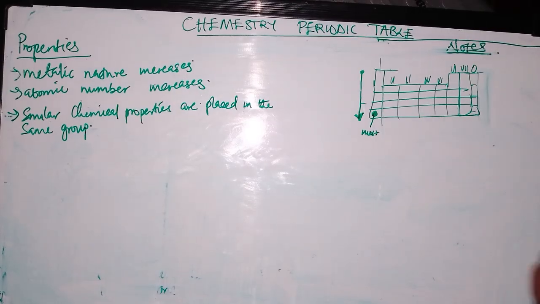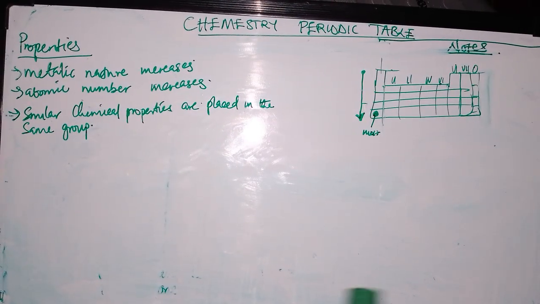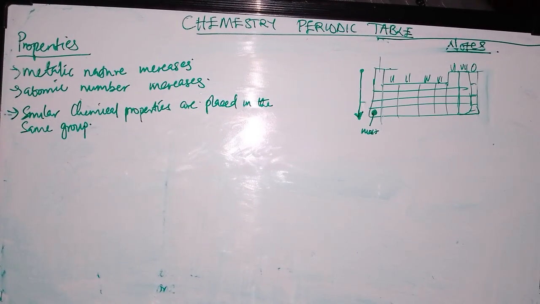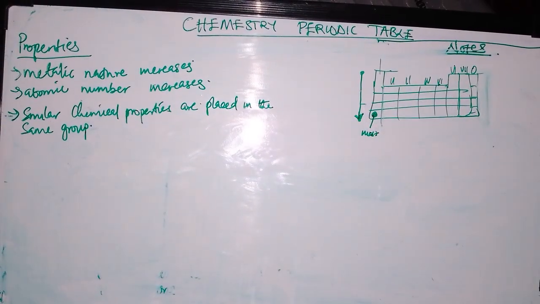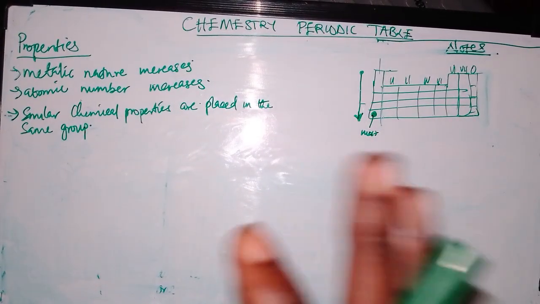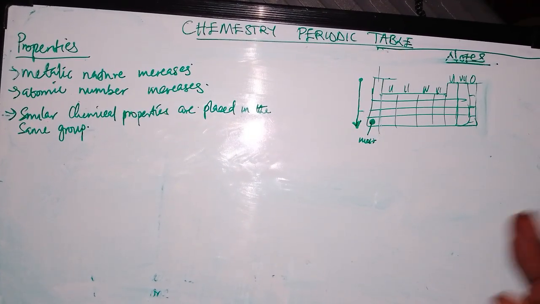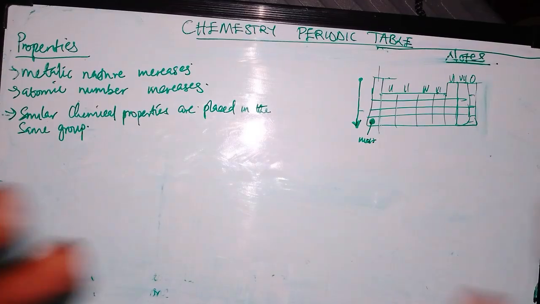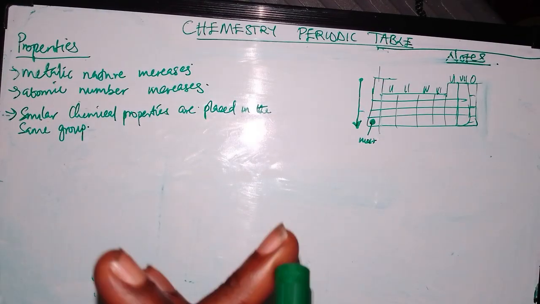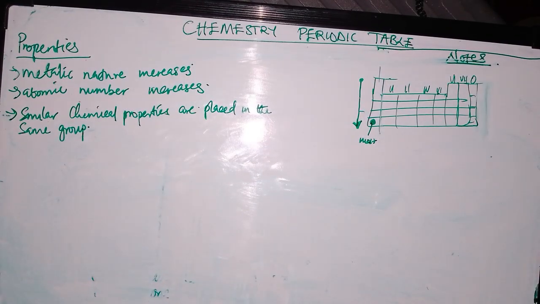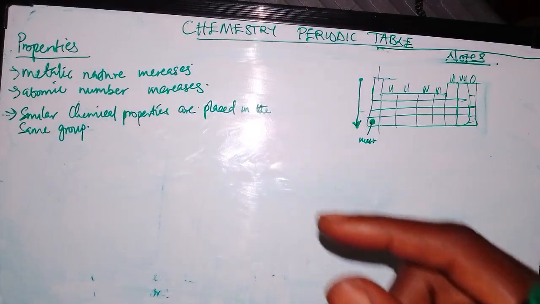Then here comes a question. Which group do you think hydrogen belongs to? So hydrogen basically belongs to two groups or in the middle of two groups. So hydrogen can either be group 1 or group 7. Why?